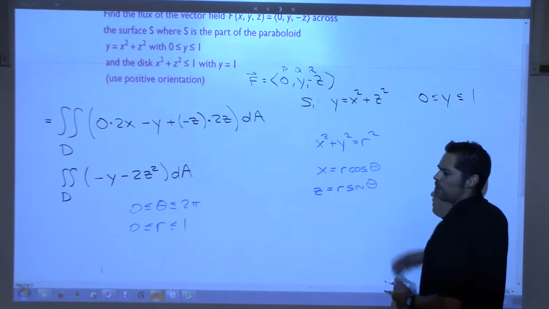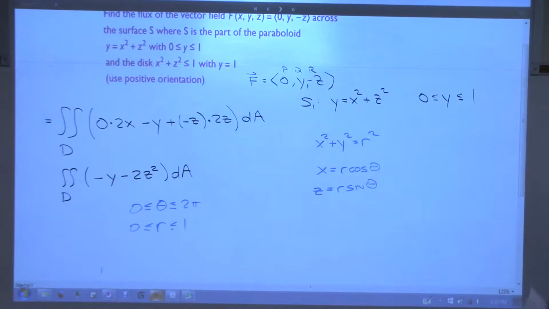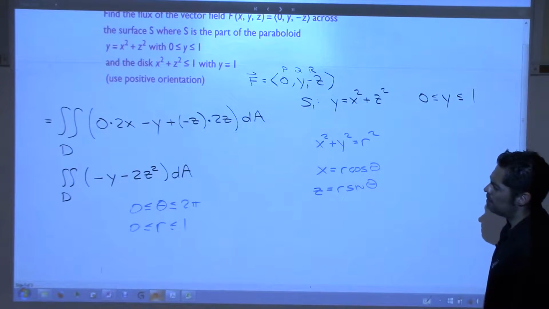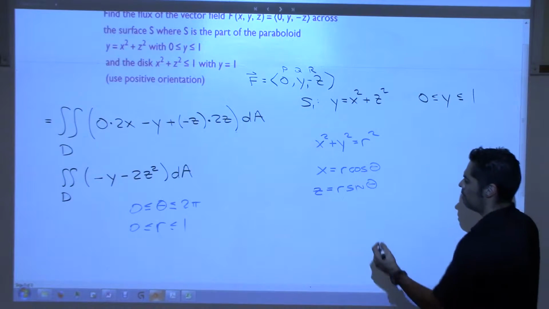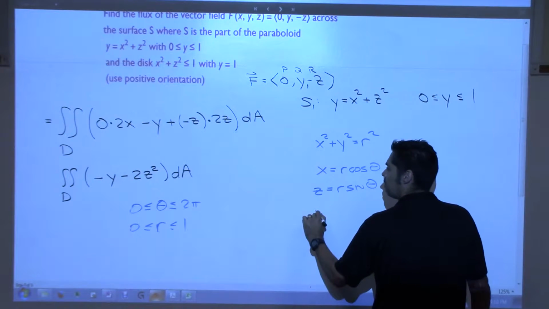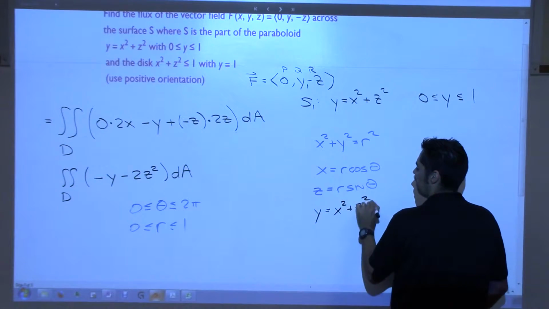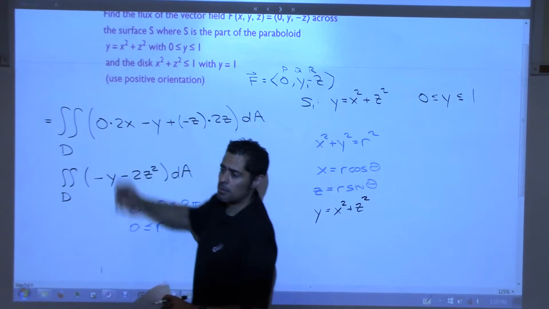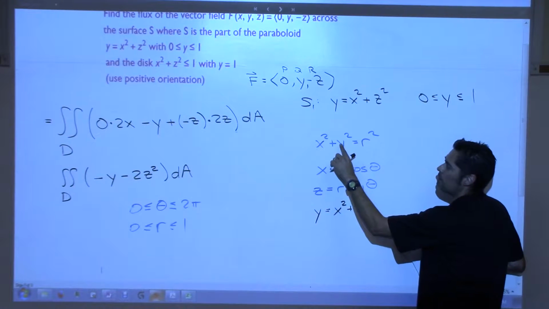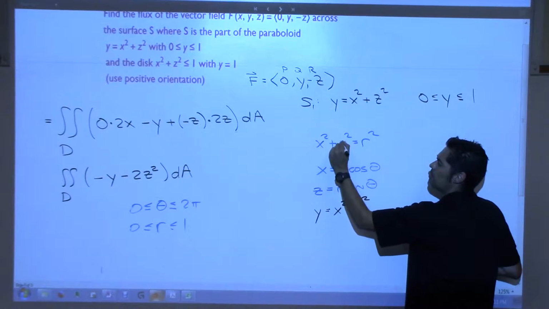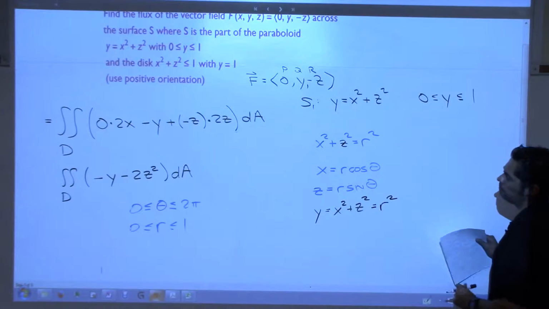So those are our polar conversions that I'll use. And by the way, what is y? Remember that because of the way it's written, y is equal to x squared plus z squared. If you live on the surface, that's what y is. And x squared plus z squared should have been r squared, right?